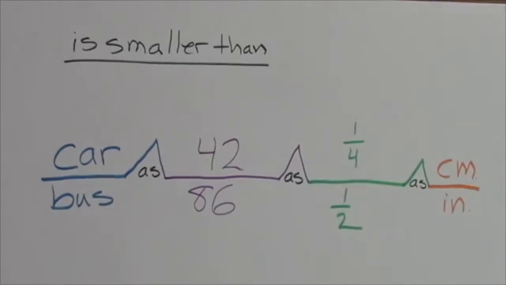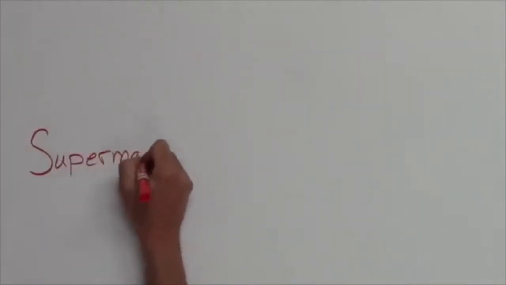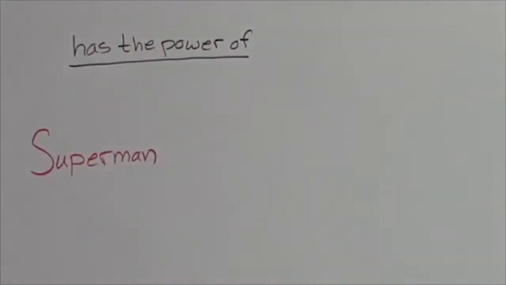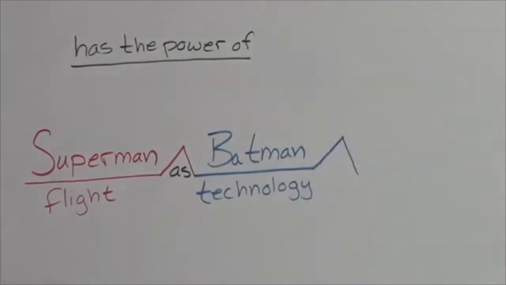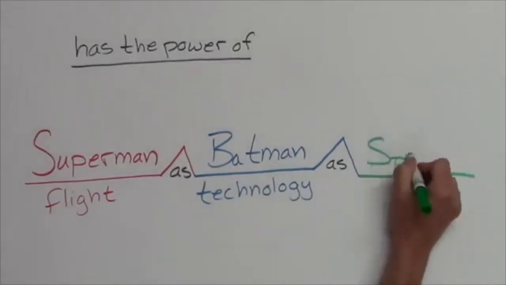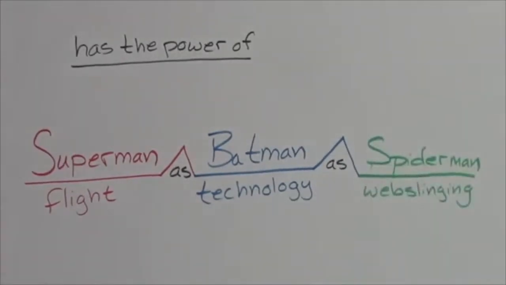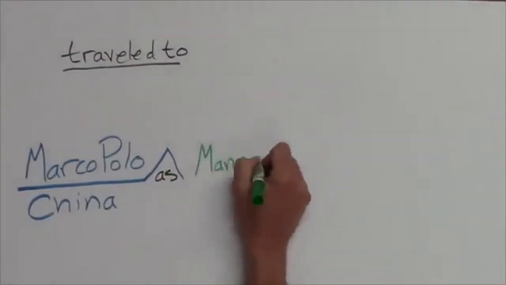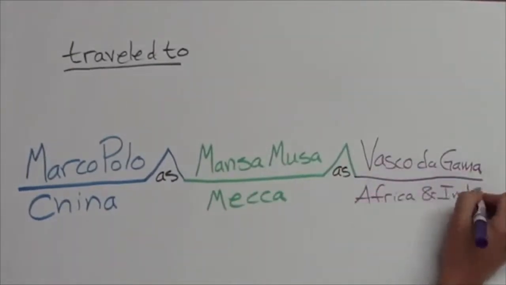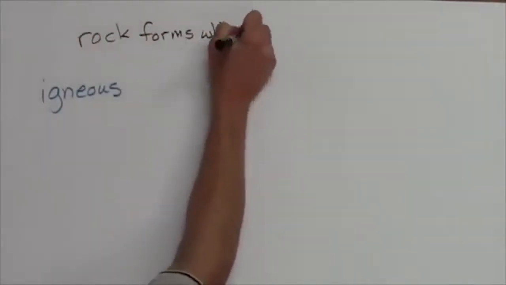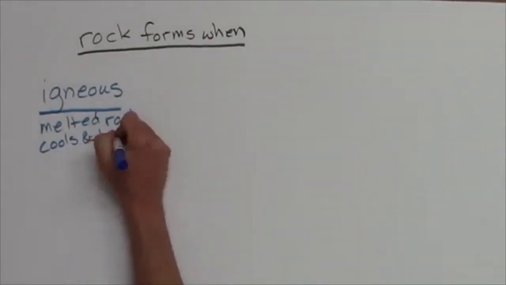Hey, neat. All superheroes have powers, right? But different powers. Superman has the power of flight, just as Batman has the power of technology, and Spider-Man sure can sling those webs. You could use a bridge map to help you study for that social studies test on explorers. A bridge map will help you keep straight which explorer traveled to which land. Or in science, you could, hold on folks, this is totally rockin'.